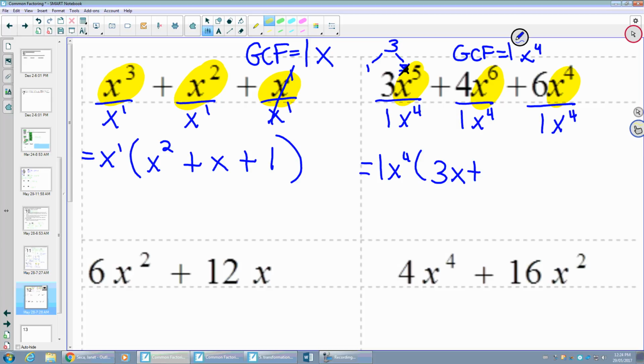Plus, 4 divided by 1 gives me 4. I have an x6 and an x4, so 6 minus 4 gives me 2. My next one I have here, plus 6 divided by 1 gives me 6. x4 and x4, 4 minus 4 gives me 0, so I don't write any x's. So that becomes my final answer.